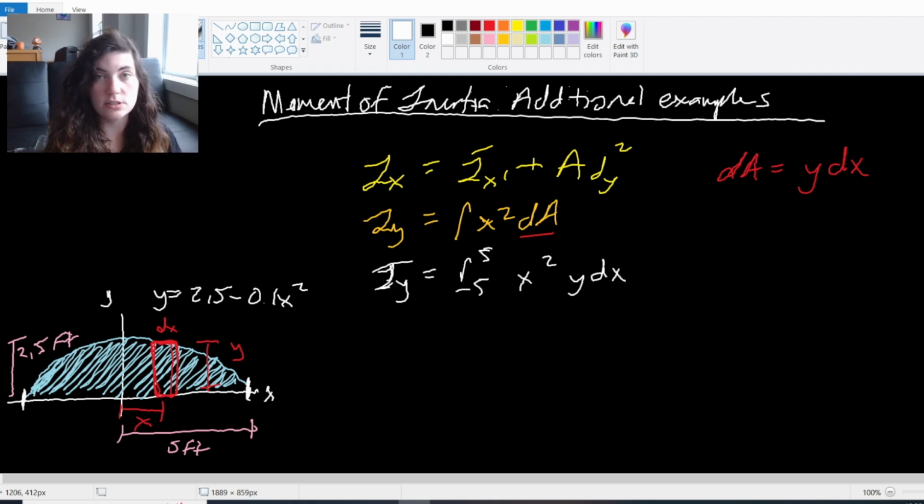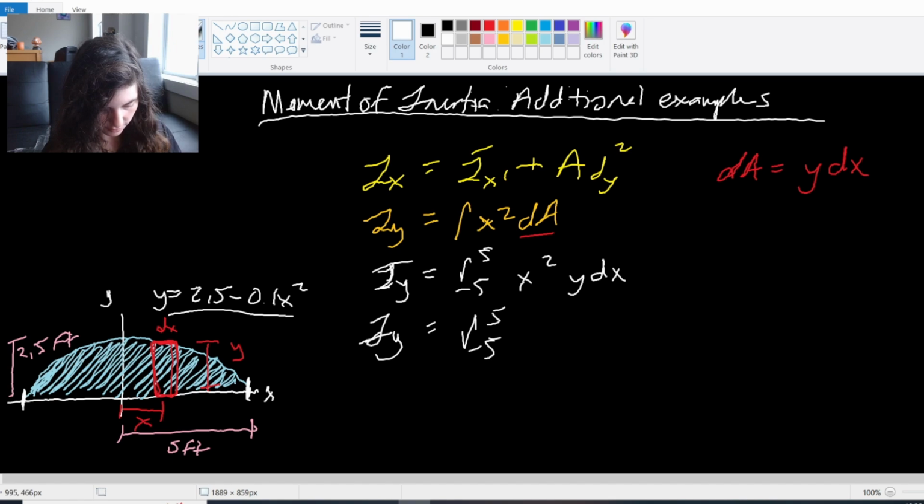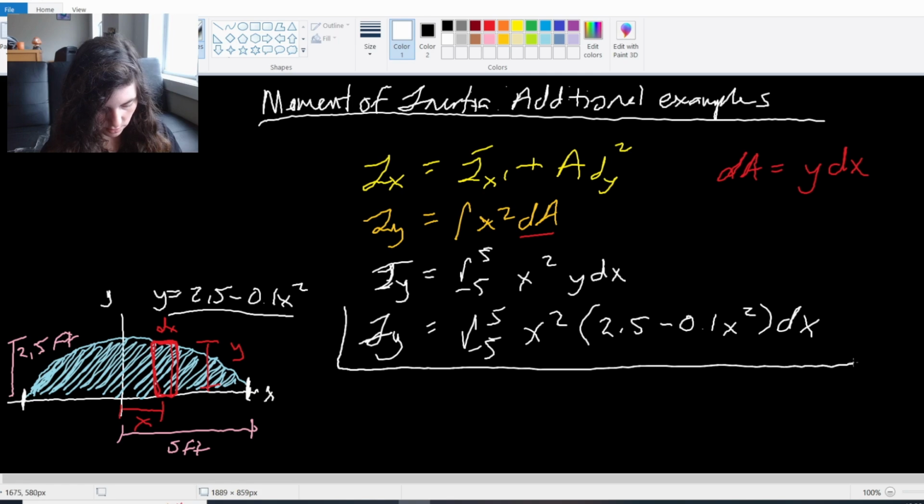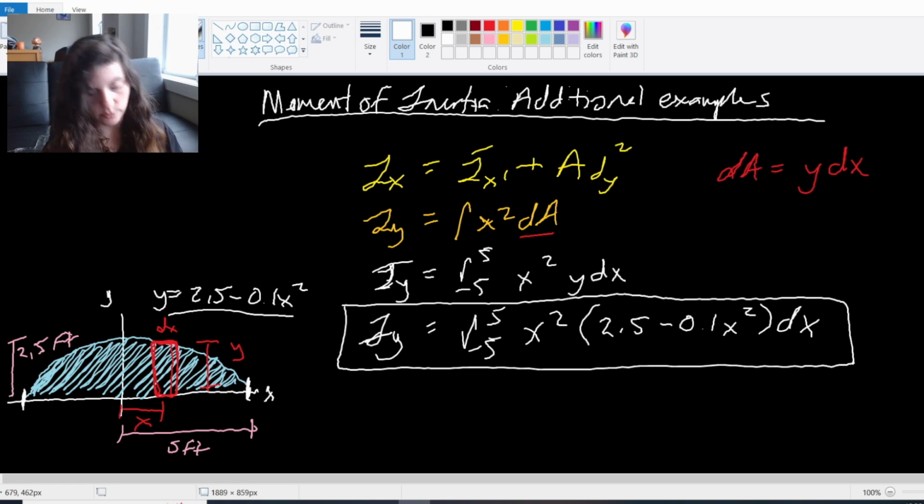Our integral is in terms of x, so we have to substitute in the y equation they gave us. So our moment of inertia about the y-axis is the integral from -5 to 5 of x squared times 2.5 minus 0.1 x squared dx.